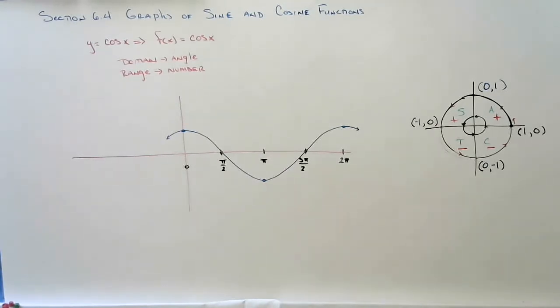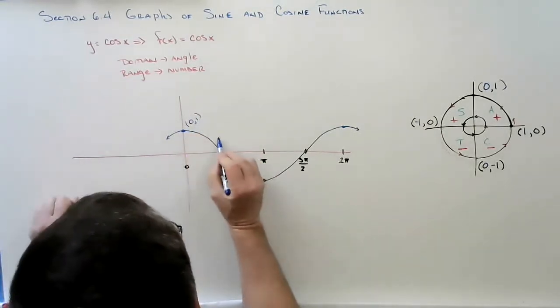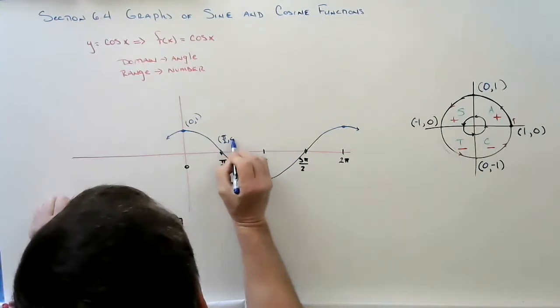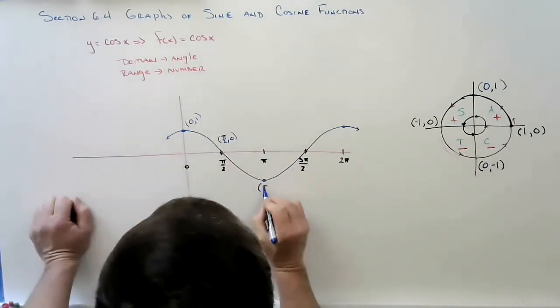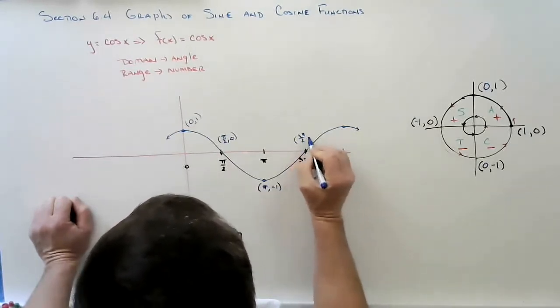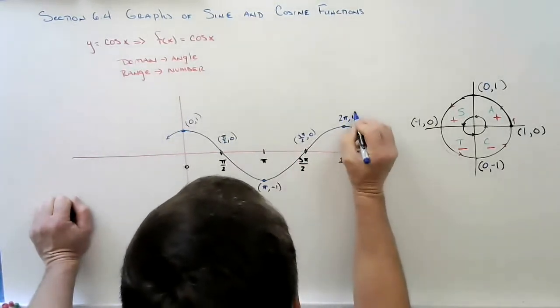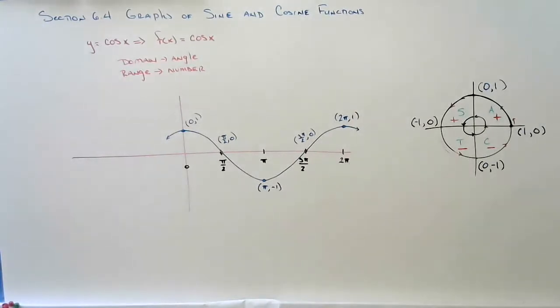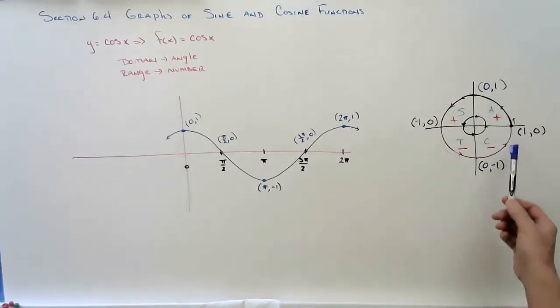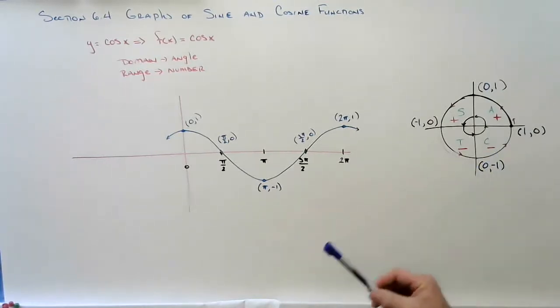So if we were going to graph cosine, we would label all of these points: 0, 1, pi over 2, 0, pi, -1, 3 pi over 2, 0, 2 pi, 1. It looks very similar to the sine curve, doesn't it? It's because we're going around exactly the same circle. So we get a graph that looks very similar to the sine curve.